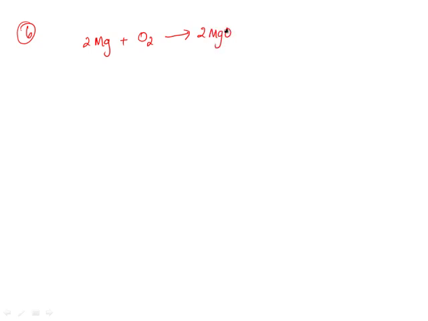This is the equation given to you, and the question was if you have 24.2 grams of Mg and 35.4 grams of oxygen. These are the information given to you. That's all is given to you.